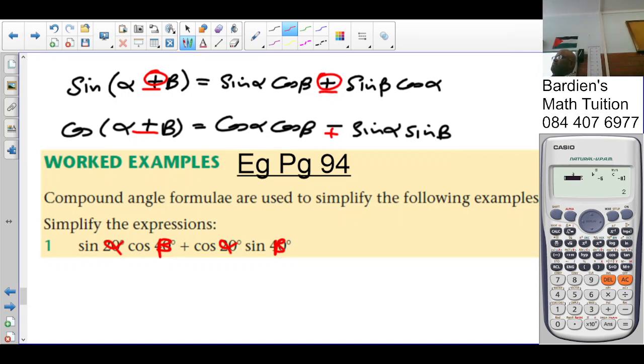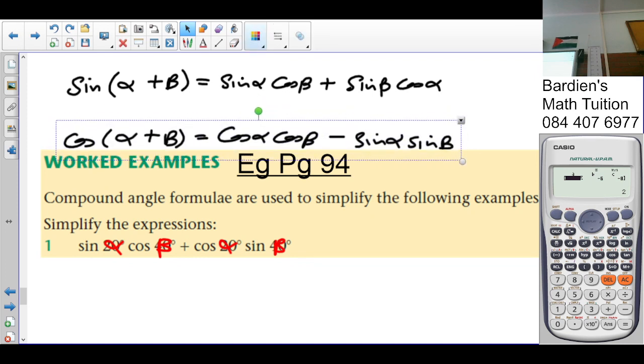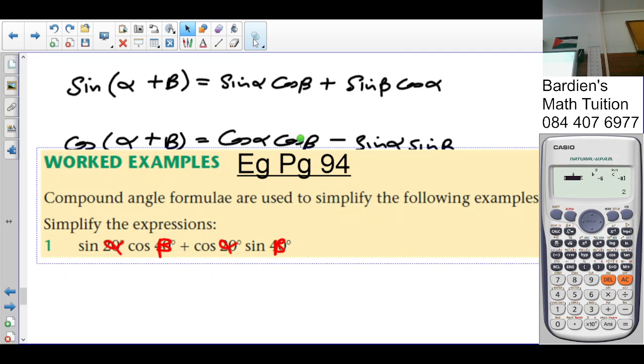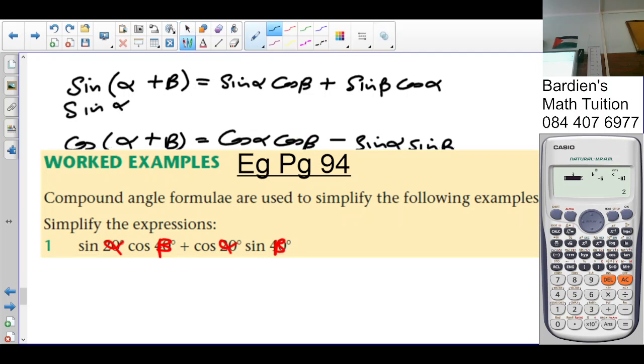Do it again. Okay. I think I must rather take this out here. Let me write it apart, okay? So if this is a sine alpha minus beta, it is going to be sine alpha cos beta minus sine beta cos alpha.